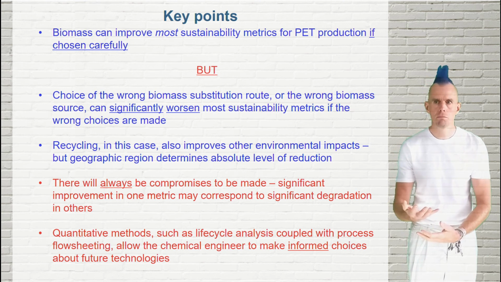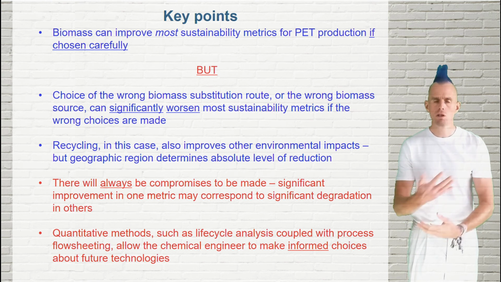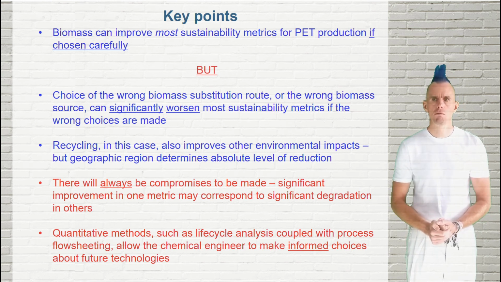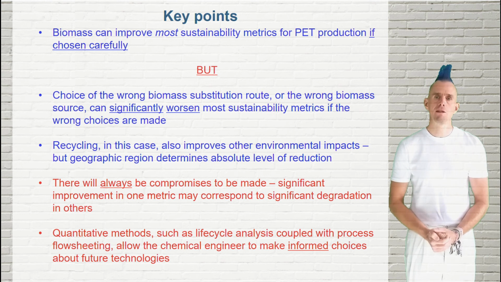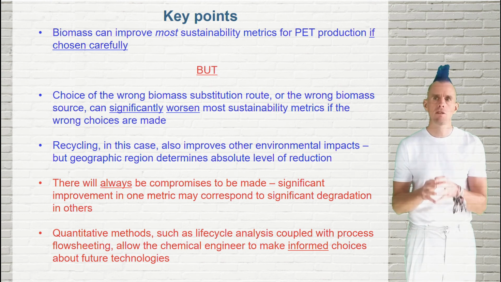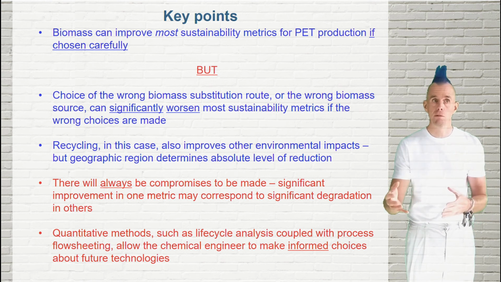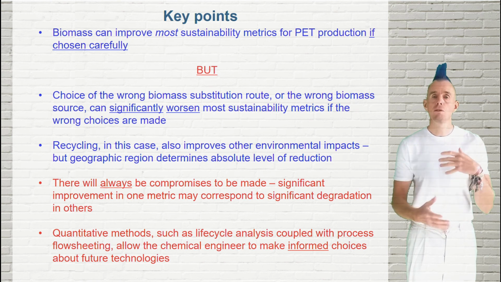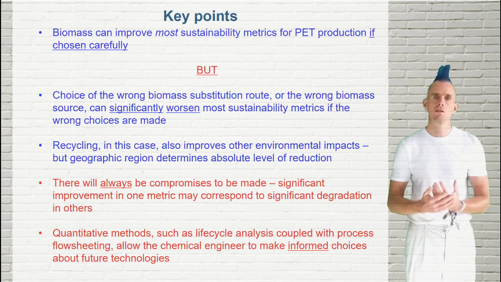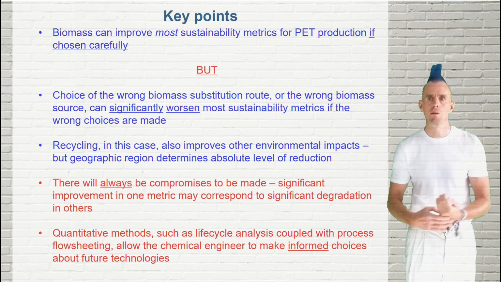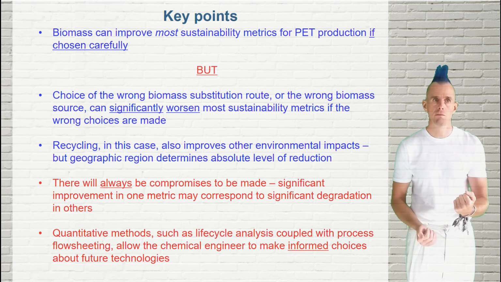Does this matter? Should it matter? Which environmental metrics are more important? Are all environmental metrics equal? These are more complex answers that go sometimes beyond the realm of engineering. Because if we use the wrong substitution route, we can significantly worsen some environmental metrics over others.